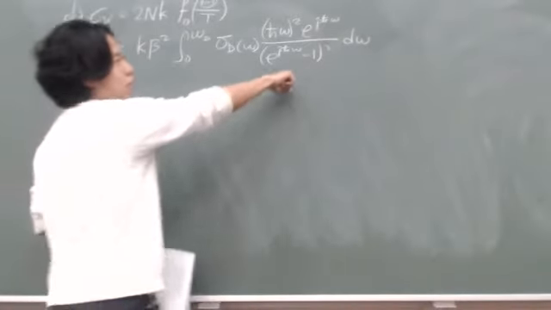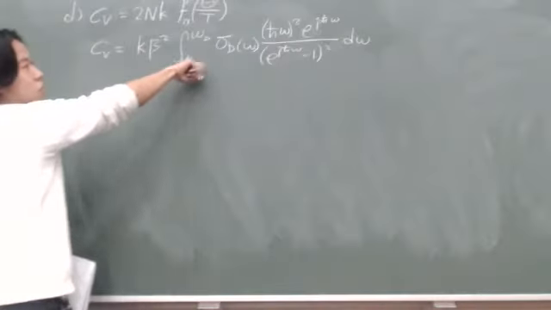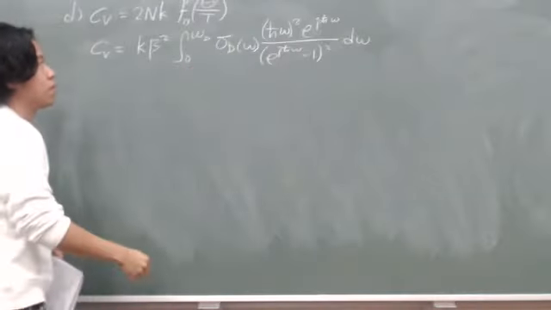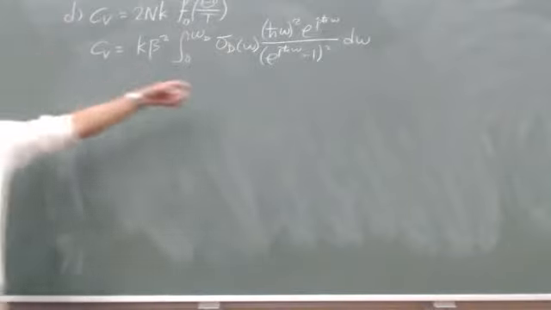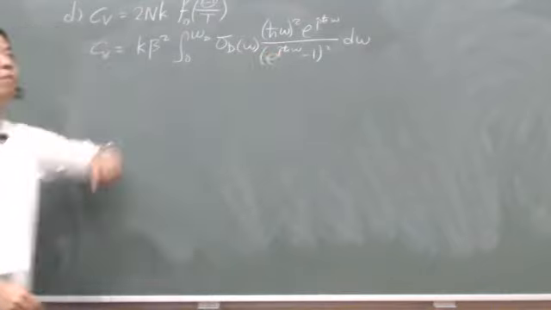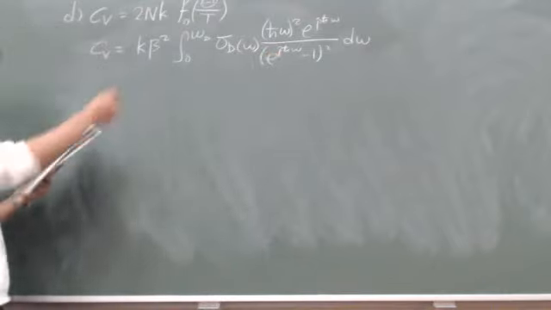You recognize that this is the CV that we got before, just integrated over all the possible energies and weighted with some extra factors up front. This is exactly the same result that we got for part B. But anyway, that's the heat capacity.